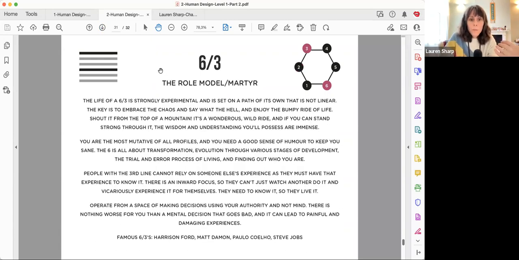Role model, martyr, experimental. It's almost like that old wise professor who's been through everything. Steve Jobs, very 6-3. Think about what we know about that role model, experimental, trial and error. It doesn't matter if it failed. We're just going to do this crazy ad on Apple.